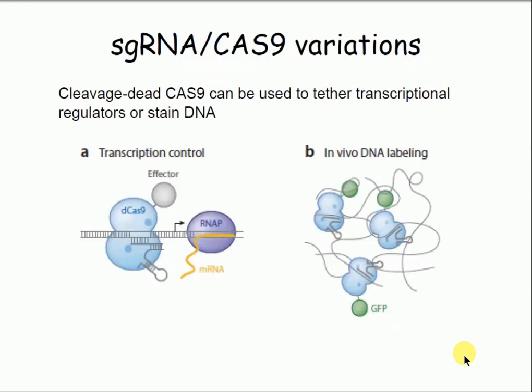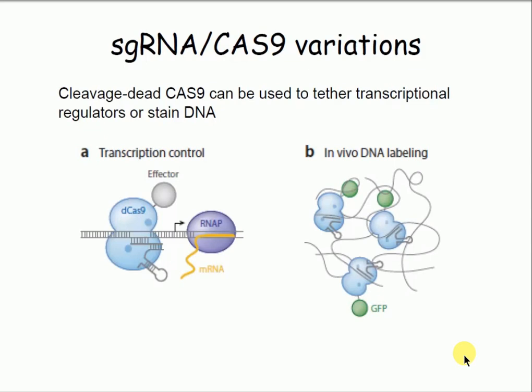There are some variations to sgRNA Cas9s. Cas9 enzymes were engineered that are cleavage dead. And then this can be used, for example, to control transcription. So we can have a transcriptional activator and bring it into a promoter to act on Pol II.